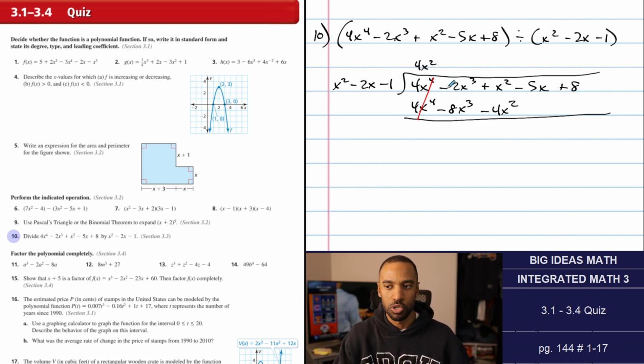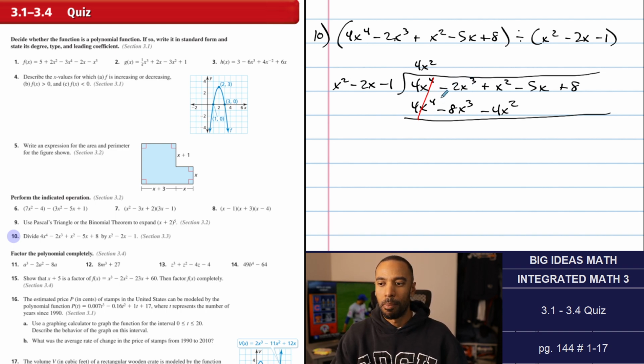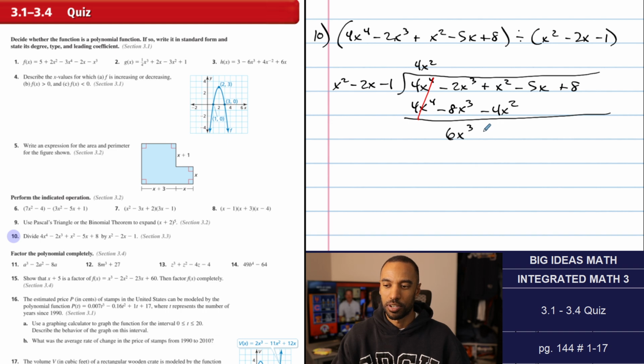If that didn't happen, you didn't do something right. Negative 2x cubed minus negative 8x cubed: I know there's a minus there, but we're subtracting the negative. That becomes negative 2x cubed plus 8x cubed, which is 6x cubed. X squared minus negative 4x squared is x squared plus 4x squared, which is 5x squared. Negative 5x minus 0, 8 minus 0.